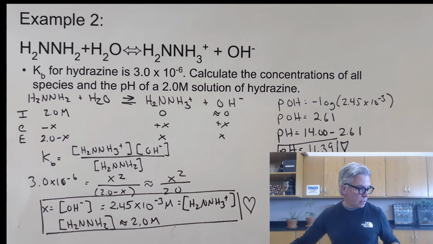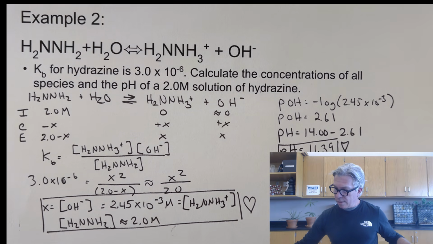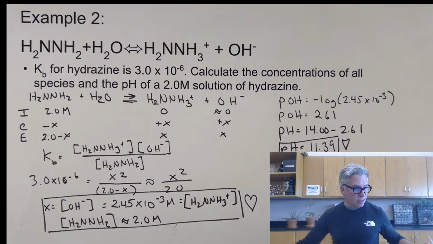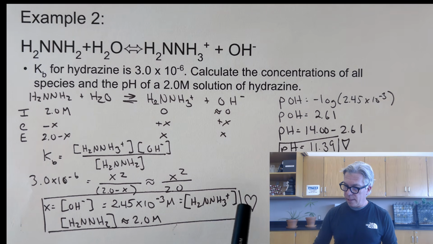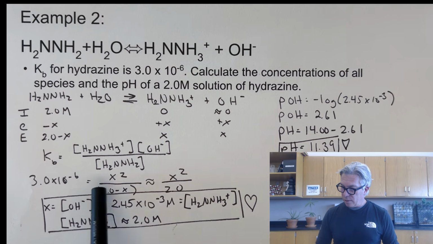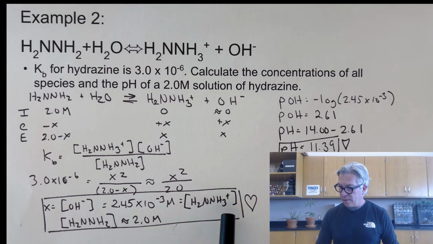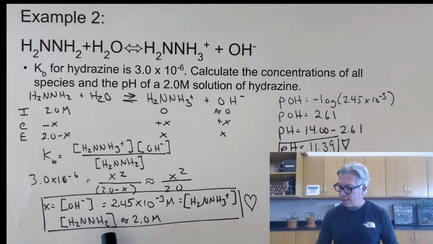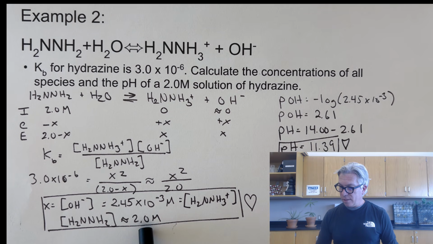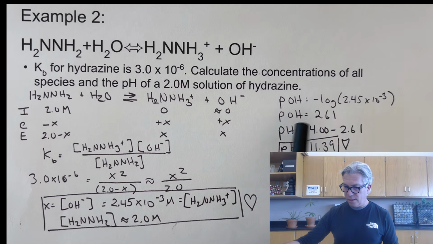Actually a little higher than ammonia, sorry, because its Kb value was a little bit higher than ammonia's. My X value was 2.45 times 10 to the minus 3, and those are the concentrations of everything that's there. Notice that the hydrazine still remained around 2 molar. If I only take this much away, it's still about 2 molar. And finding the pH the same kind of way.